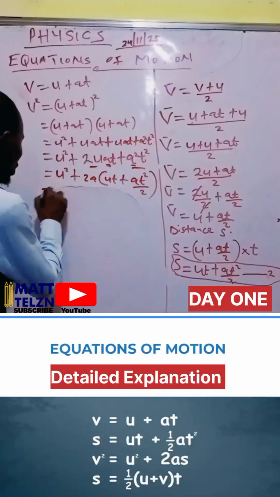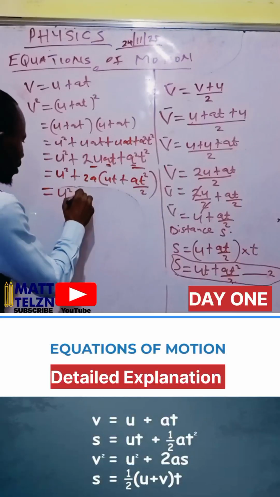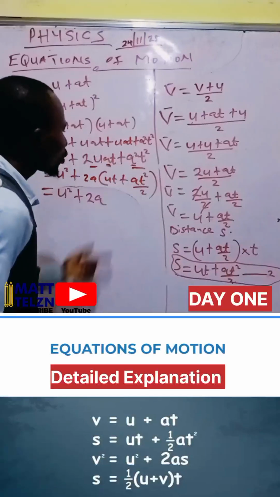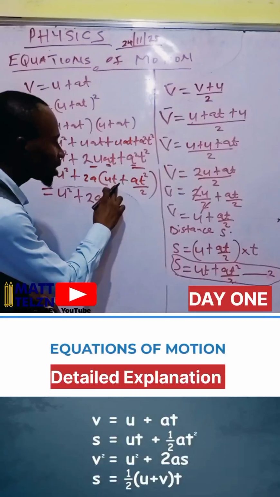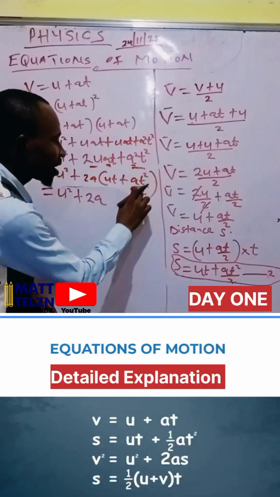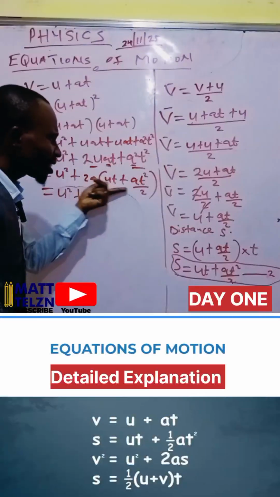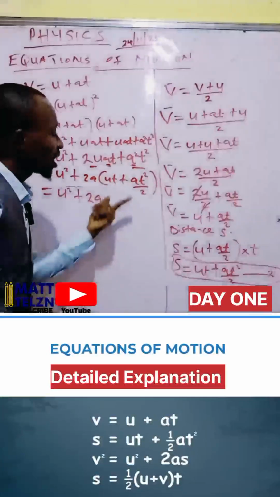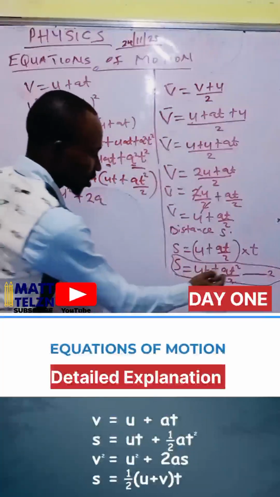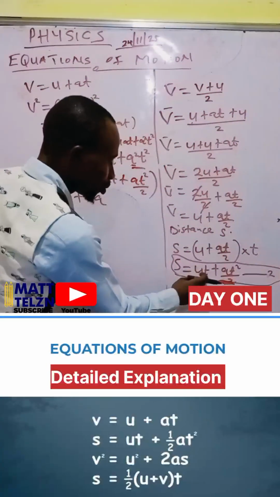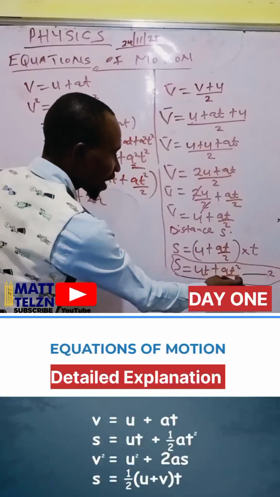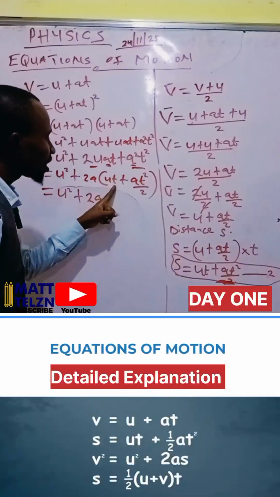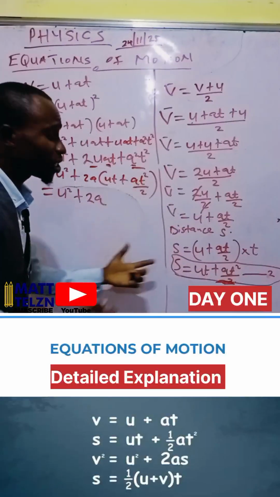Good. Now, let's continue. u squared plus 2a. Now, recall, this is ut plus at squared divided by 2. Is this thing familiar to you? Yes, familiar, because this is equation 2. Look at it here: ut plus at squared divided by 2. This is our equation 2. What that simply means is that ut plus at squared divided by 2 is my distance.